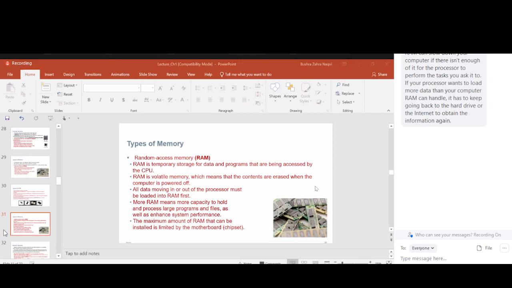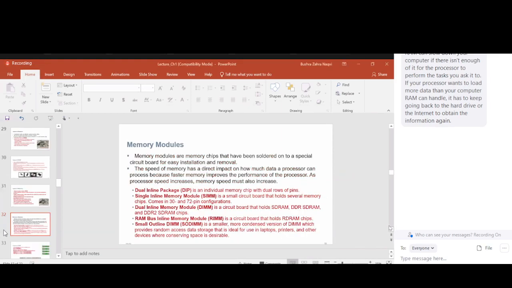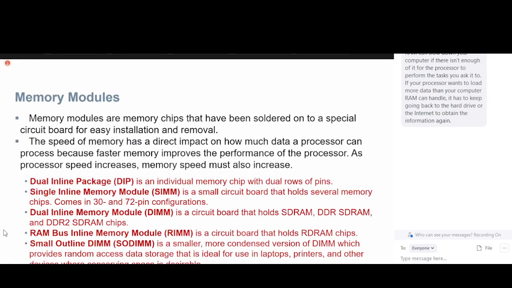If you're using desktop, it could be a DIMM type. Dual inline package is basically kind of like a single chip, right?